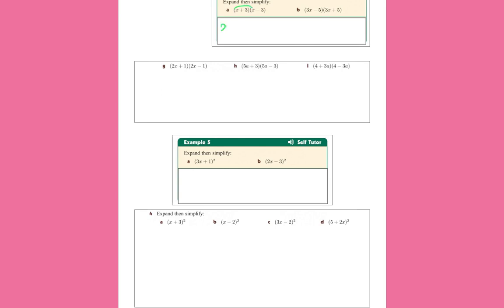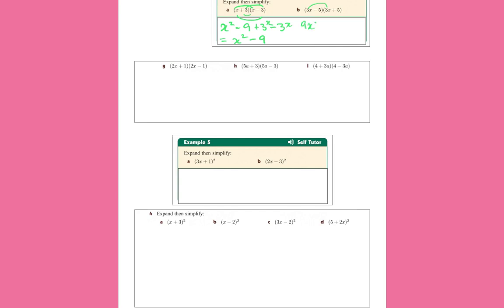So here's our first rainbow, x times x, and then 3 times negative 3, and then 3x and negative 3. Sorry, 3 and negative 3. And that leaves us with x squared minus 9.